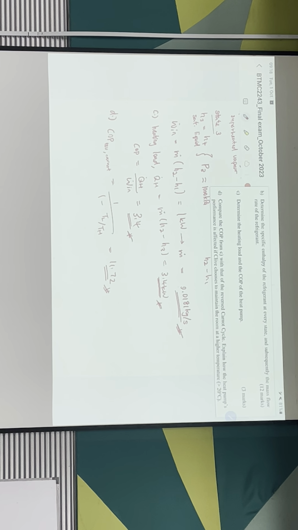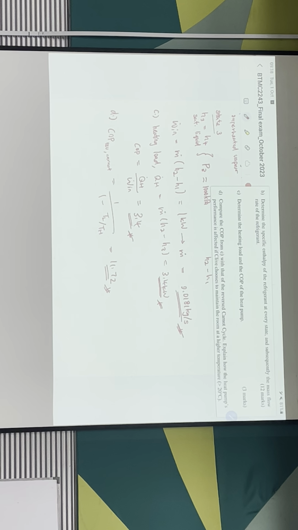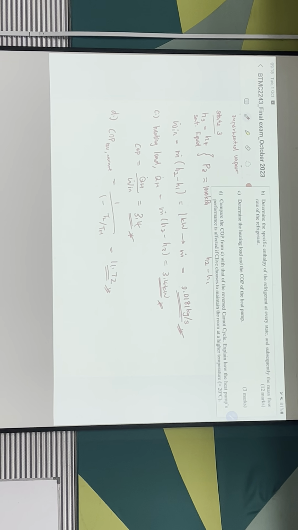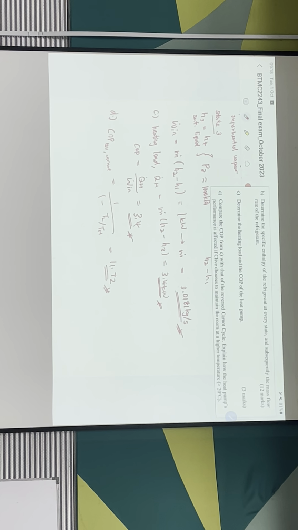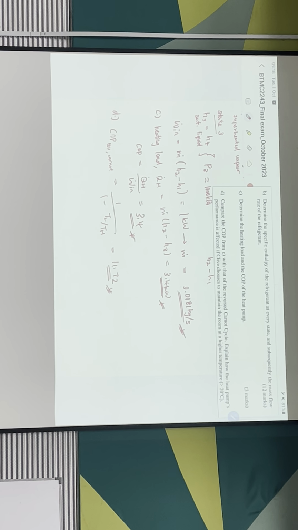If you choose to use the reverse Carnot cycle side to explain, then you can just say that the reverse Carnot cycle will have the highest COP between two temperature limits. So no actual cycle will have a higher COP. That's why the COP is higher here. So that will be for comparison.